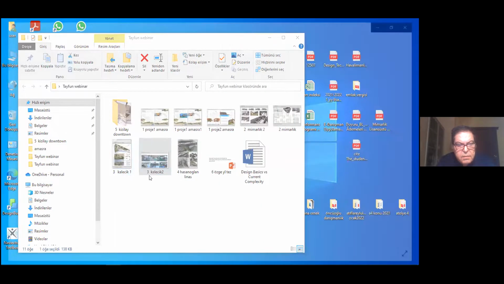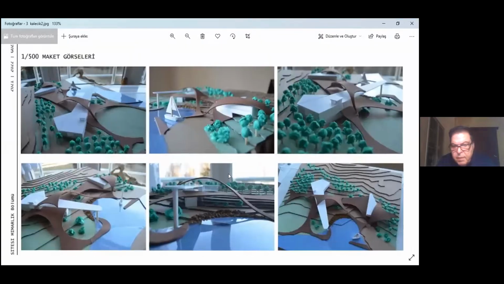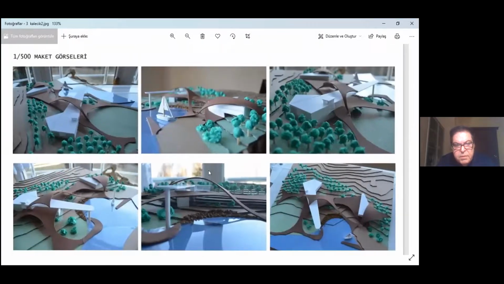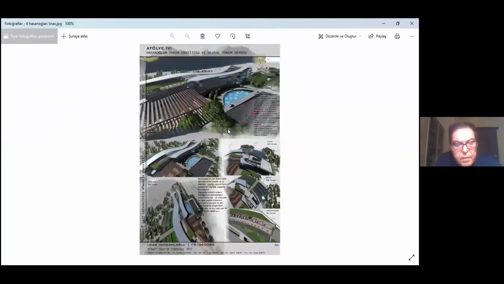These are that student's other visuals, model photographs. She wanted her design to be nature adaptive. And the other one, this one.